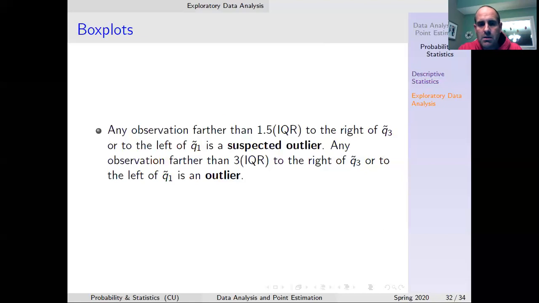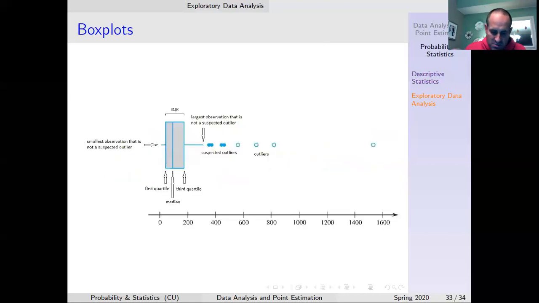Okay. And here's what a box plot looks like. Okay, and you can probably see why it's called a box and whiskers plot. What you do is you put a point at the smallest value, the minimum, okay?